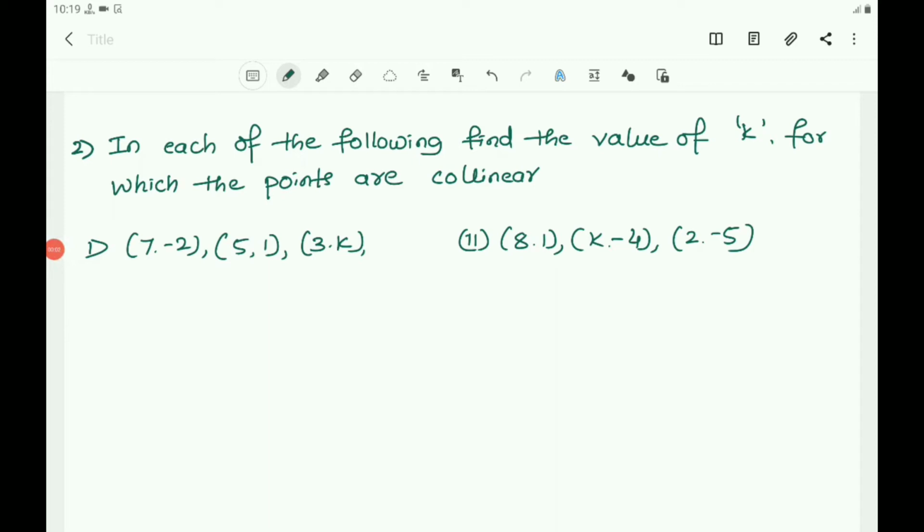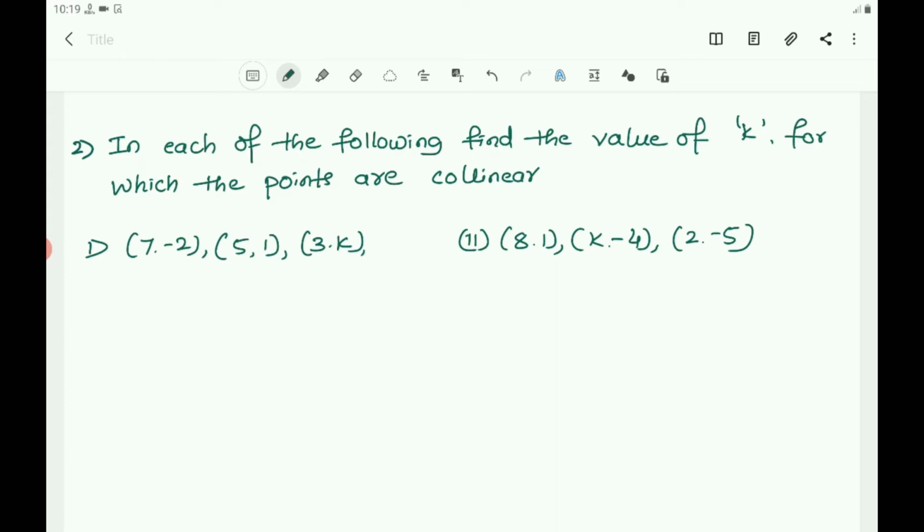The second question: in each of the following, find the value of k for which the points are collinear. Here 3 points are given, and given that they are collinear and the unknown k is there, we have to find the value of k. How will we get the value of k here? Here we have to use the formula for the area of the triangle.